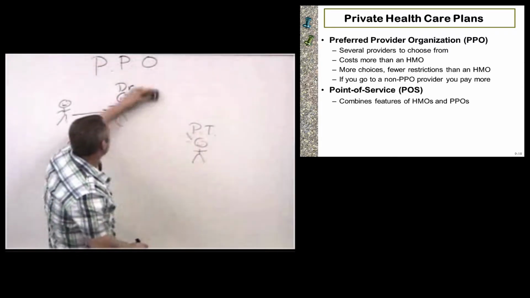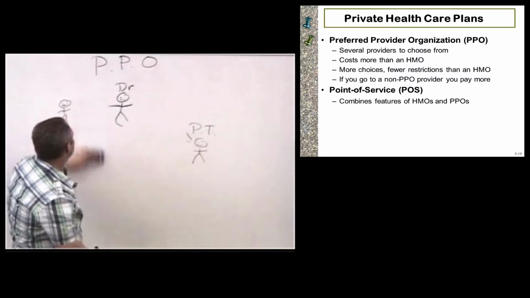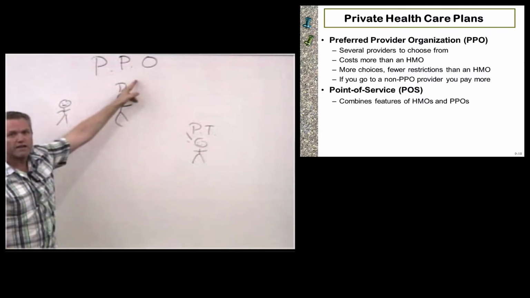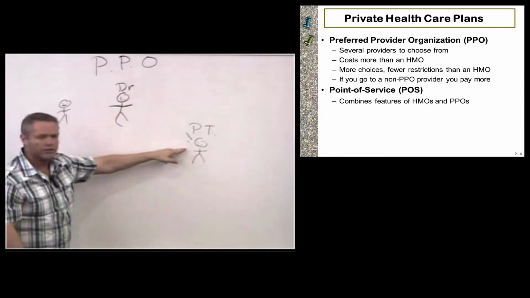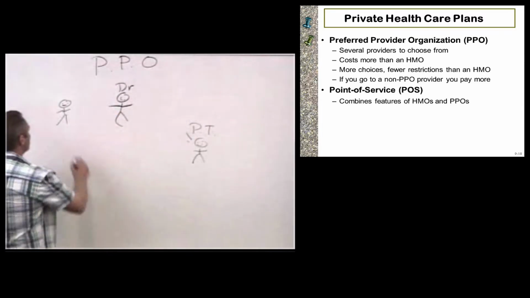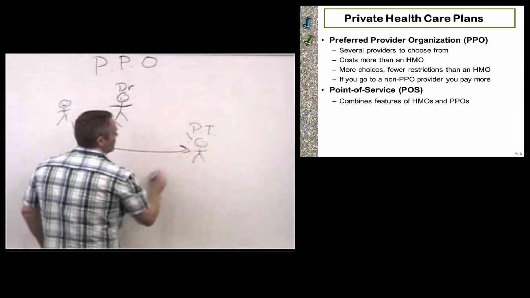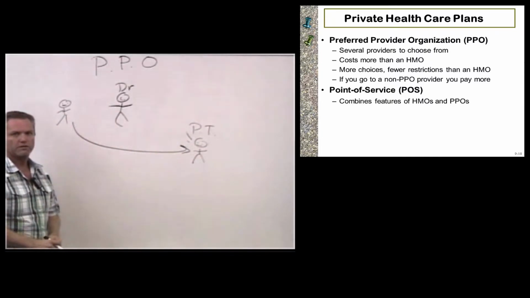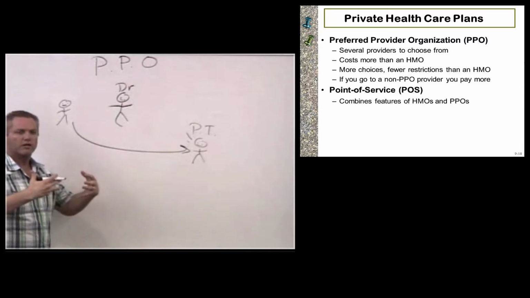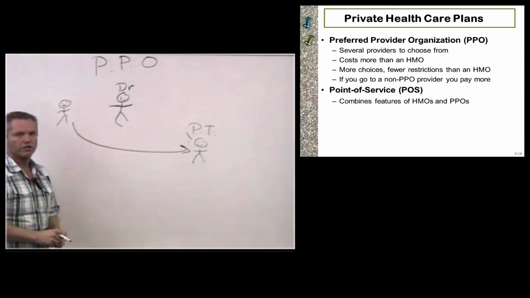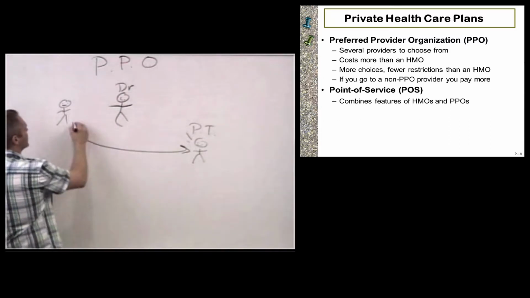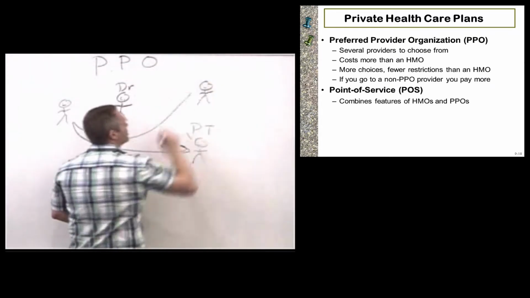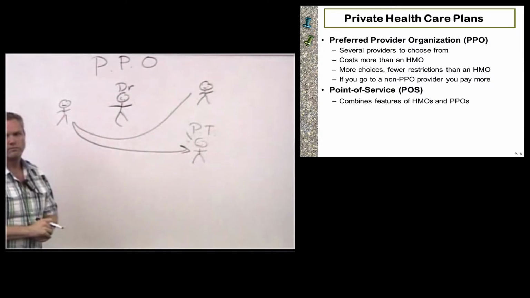Later on, I re-injured my elbow, and because the PPO does not have a gatekeeper, I just called the physical therapist directly, and I went straight to the physical therapist, and the physical therapist started to see me. If I've got a specific cardiac surgeon I want to go to, I can skip my doctor and go straight to a different specialist.